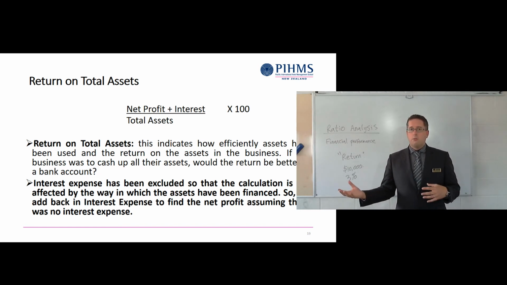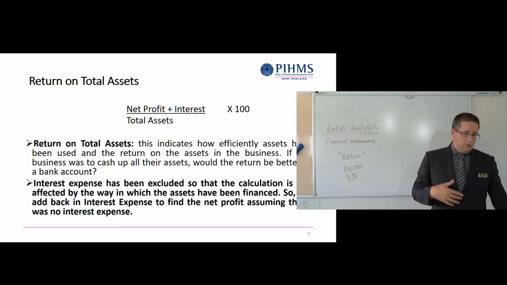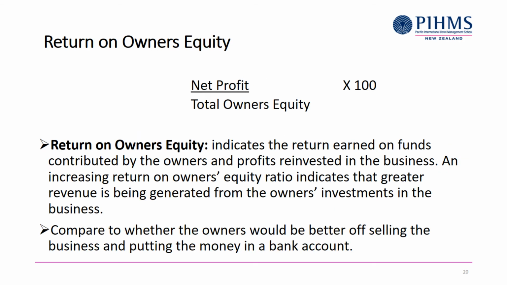So one hotel has borrowed a lot of money, one hotel has not borrowed much money. By adding interest back in, we can actually start to see the net profit of the operation itself. So this one is looking at the operation of the hotel. Basically we get rid of interest. So the higher the better this is.